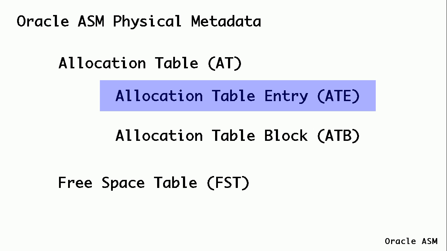If allocation unit is used by an Oracle ASM file, then its corresponding allocation table entry contains the ASM file number and extent number. Allocation table entries for non-allocated allocation units are marked as free. These free allocation table entries are kept in a linked list to quickly find a free allocation unit.